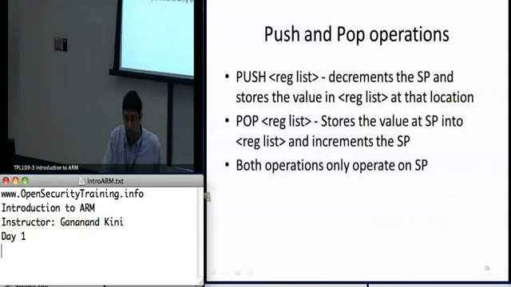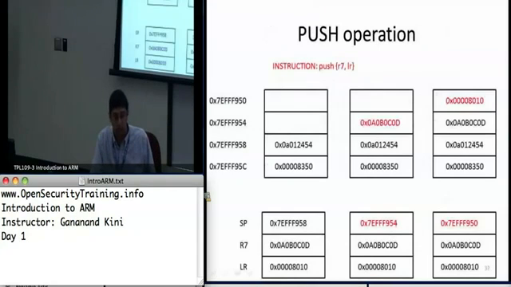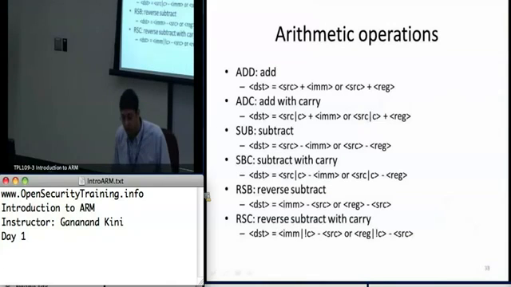I'd mentioned before that ARM is using a load store architecture, so you have to load from memory into the registers, and push and pop is one way of doing it. For the arithmetic operations, just like in x86, you have simple add, where it takes the source register value and adds it to either an immediate value, which is any integer, or a value in a register.